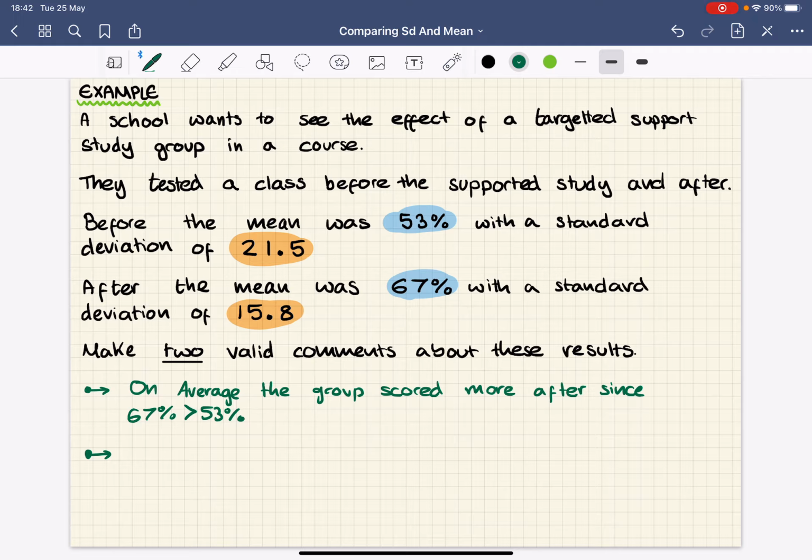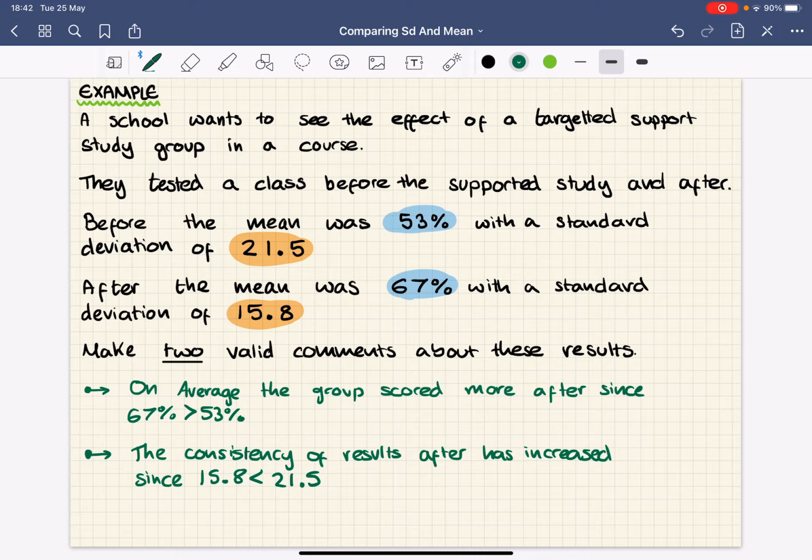So I'd say the consistency of results after has increased, since 15.8 is less than 21.5.